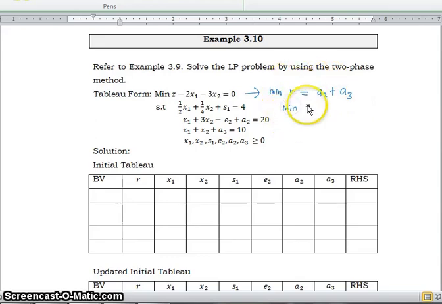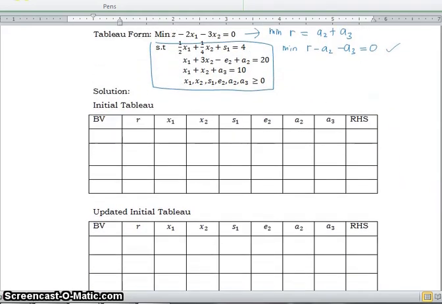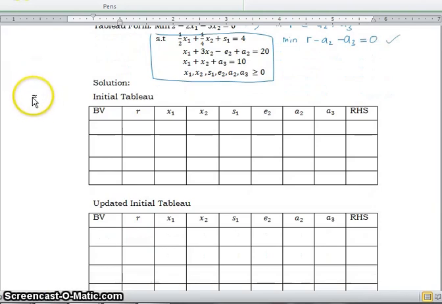So we have minimize R minus A2 minus A3 equals 0. With this objective function and these constraints, we need to write the initial tableau. This is the first phase, phase 1.